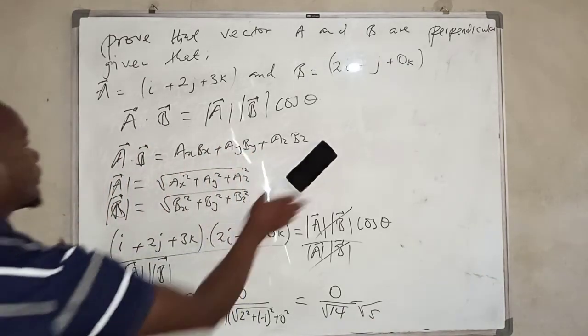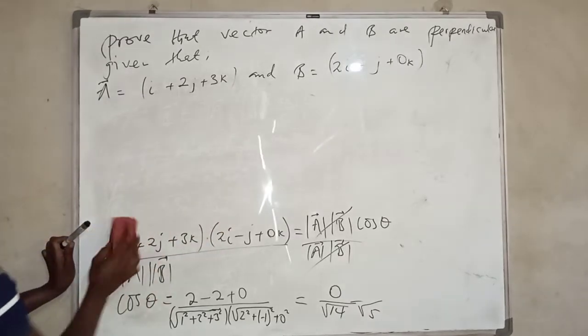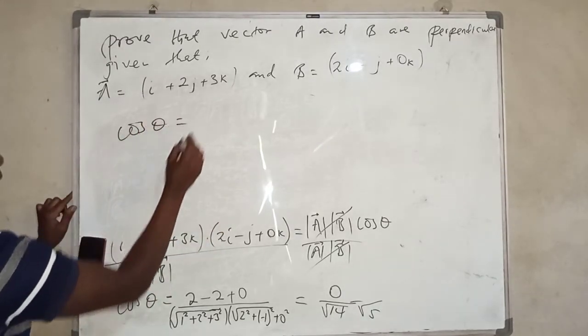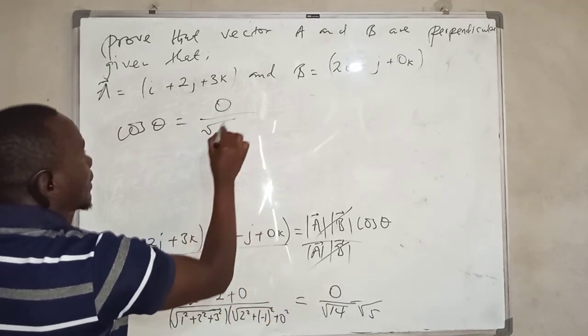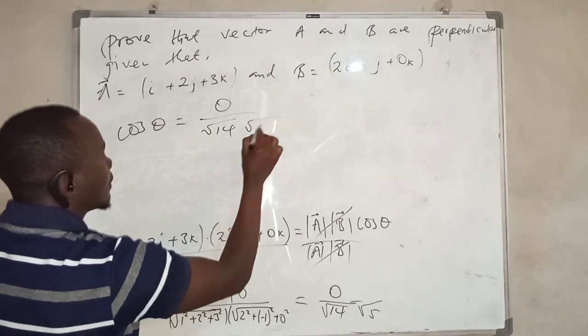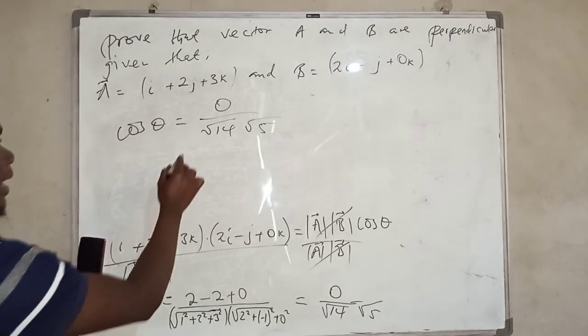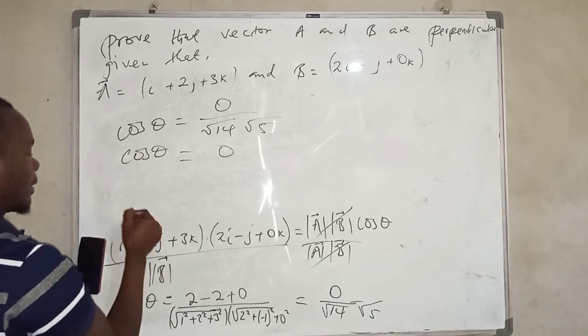And this one, cos theta will give us 0 over square root of 14 times square root of 5. So 0 divided by any number, the answer still remains 0. So we have cos theta is equal to 0.